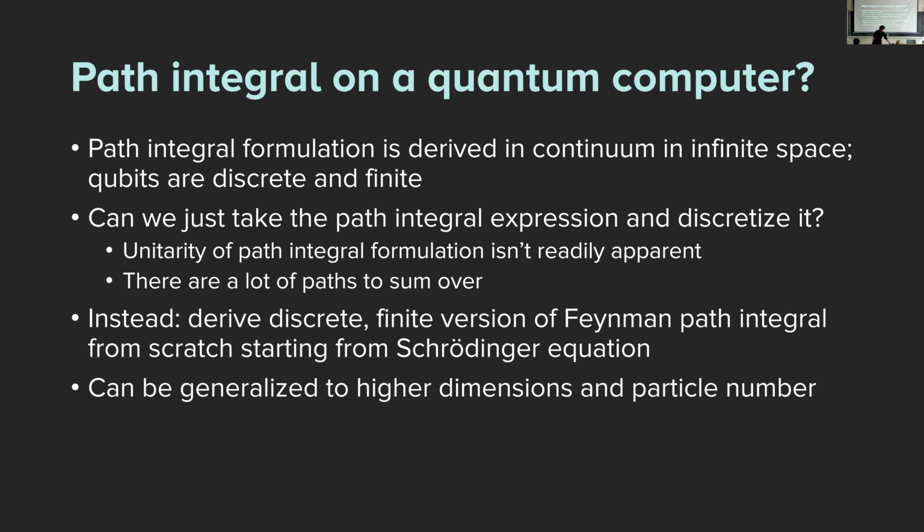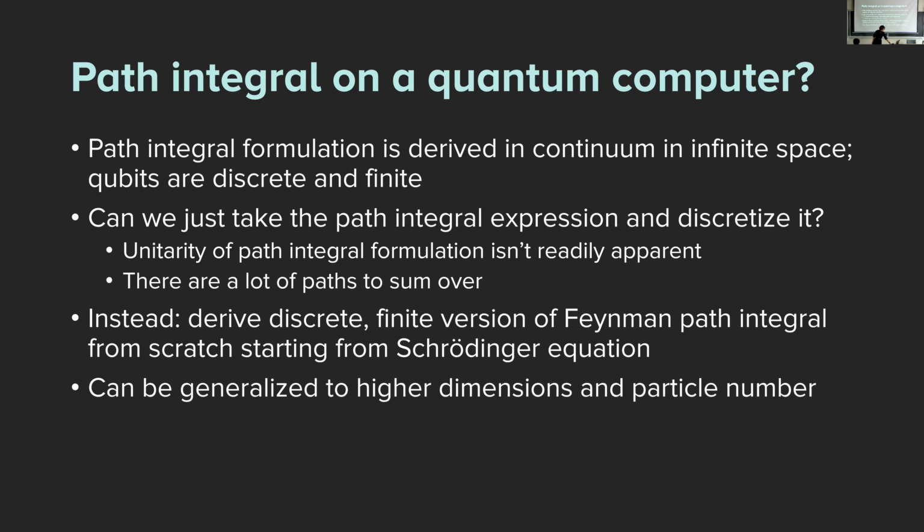And the quantum analog of this that Feynman derived is that the evolution of a quantum system is a sum, or an integral, over all trajectories going from one initial position to a final position. So it's sort of like a sum over all the possible paths that you could take from one point to another.